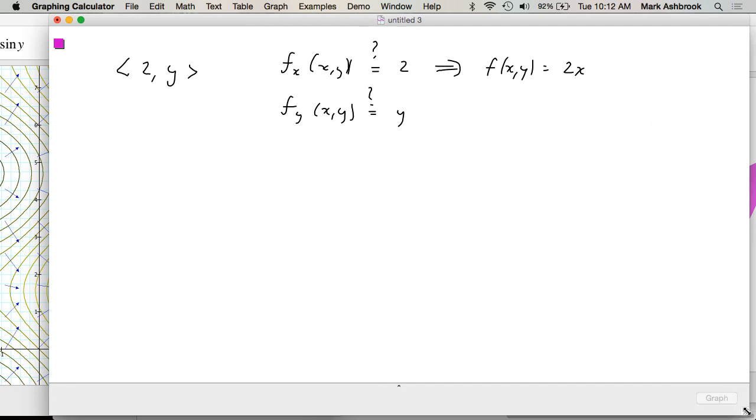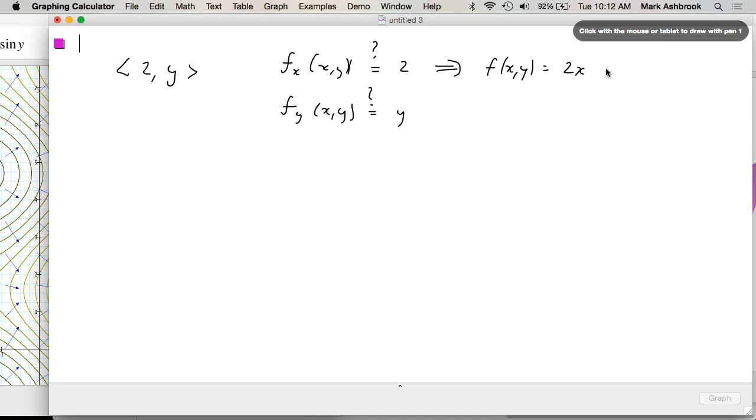There could be any function of y, call it g of y, and there could be some true constant. So this is one perspective on f taken from the partial with respect to x.